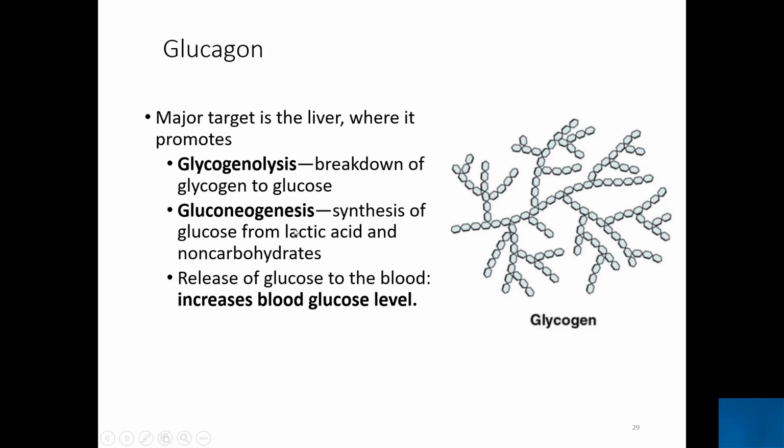Another function of glucagon is that it can promote synthesis of glucose from lactic acid and other non-carbs, which would be proteins or lipids. Glucagon also promotes release of glucose from the liver to the blood to increase blood glucose level. So the main function of glucagon is to increase blood glucose level.